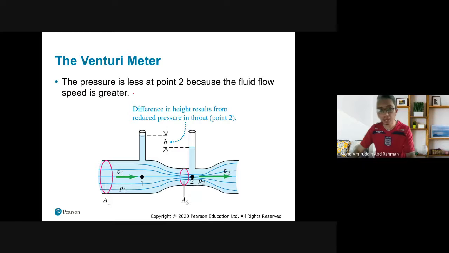Okay, so let's look at the venturimeter. At point 2 over here, the pressure is less because the fluid flow speed is greater. So this is the relationship of the Bernoulli equation.